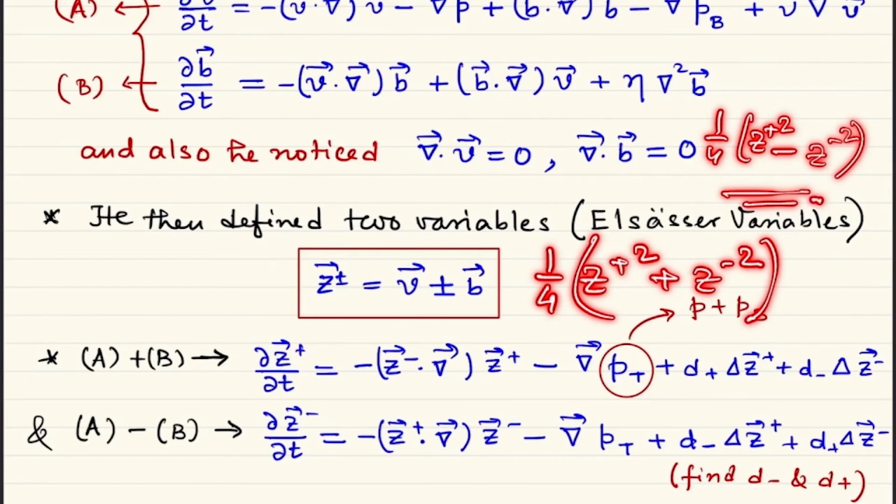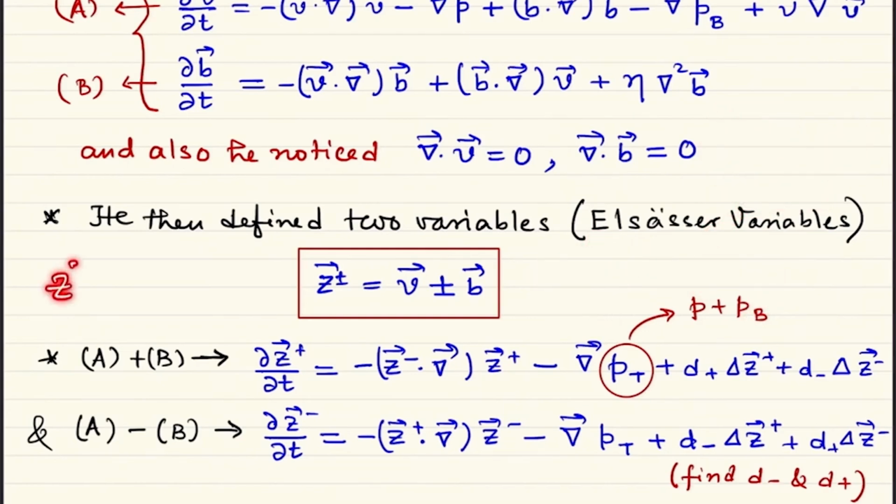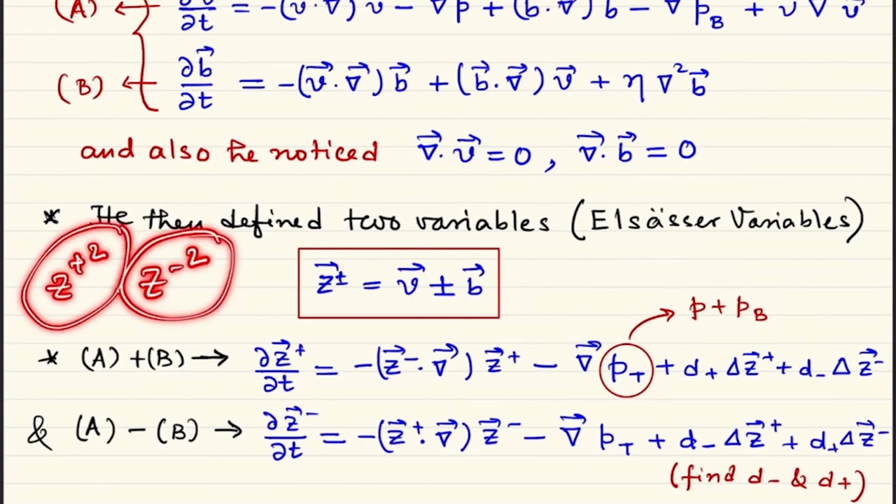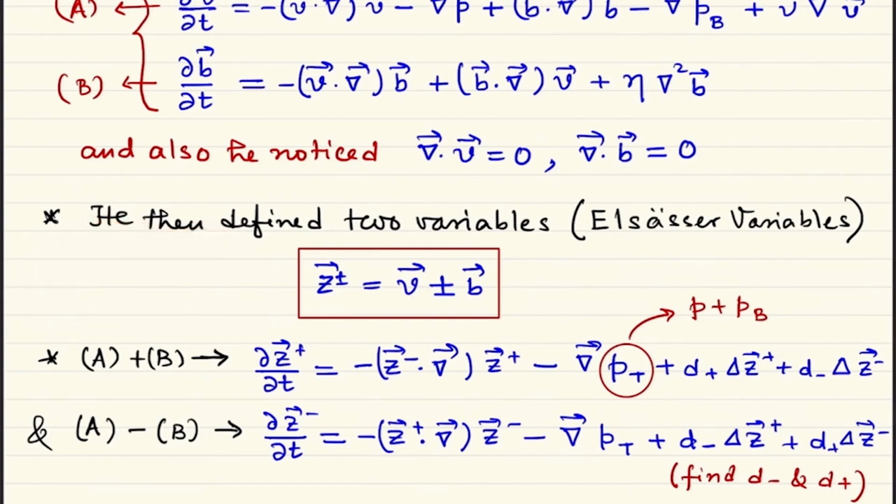If both are conserved, then the sum of the two will be conserved and the subtraction of the two will be conserved, right? Will be the density of some conserved quantities. And that's why you can actually say that both the z plus square and z minus square will correspond to the densities of two conserved quantities. Okay, and they are known as pseudo energies. Okay, so all these things are there.